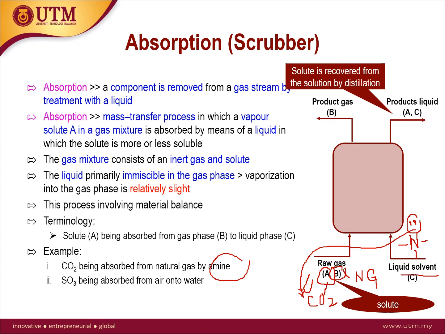Water here has attraction towards SO3, because water is known as polar, with hydroxide and also hydrogen plus, and when it has contact with the SO3 from air, it will attract by using the chemical potential to form a product liquid of A and C, which is between solute A and the liquid solvent C.